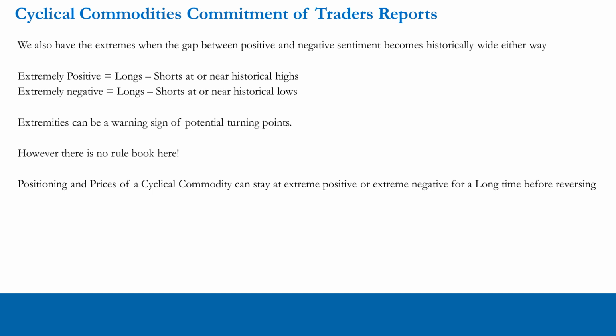That's not the case, because the definition here of the positive data from the longs minus the shorts being at extremes and becoming slightly less extreme is simply the hedge fund community are still bullish.